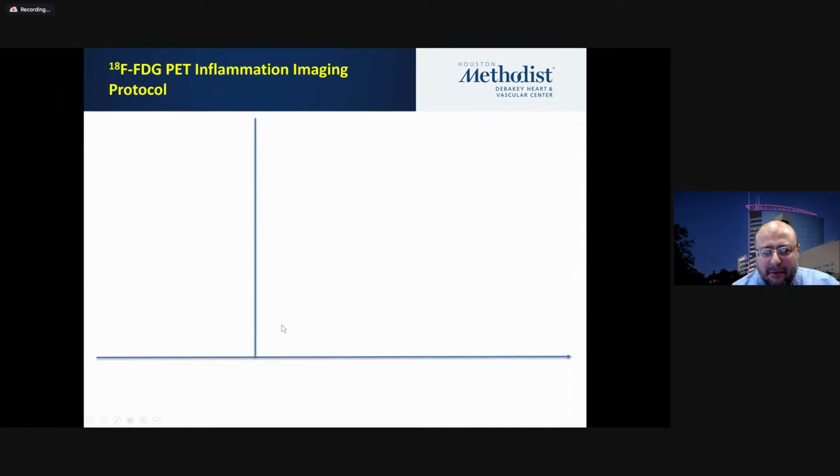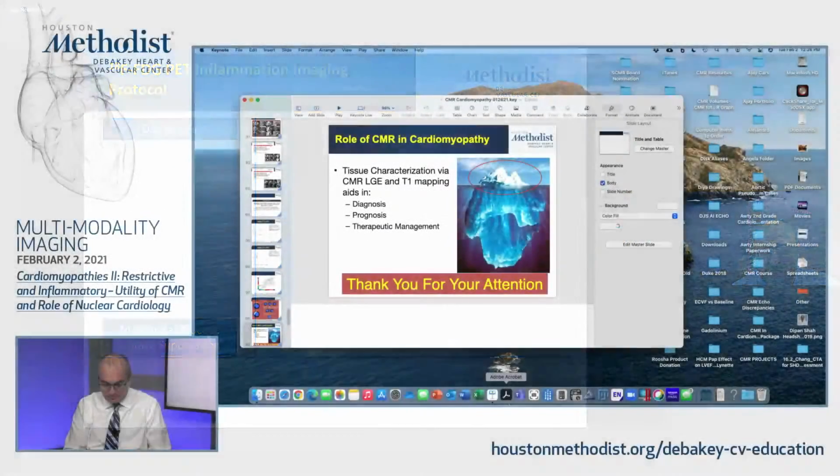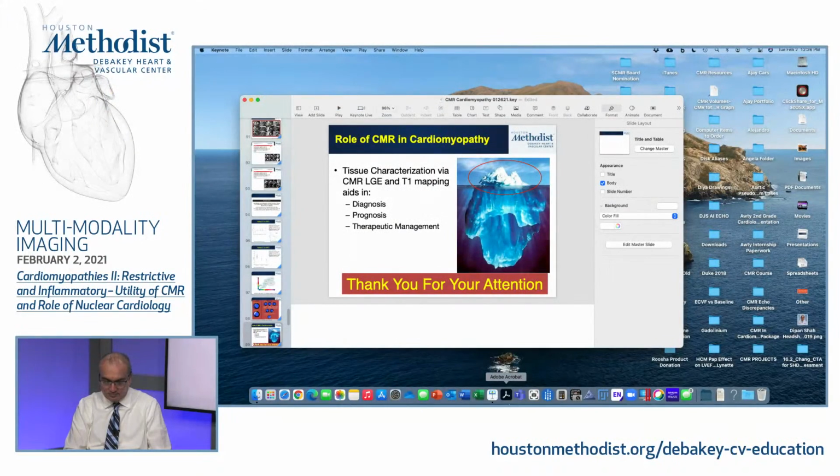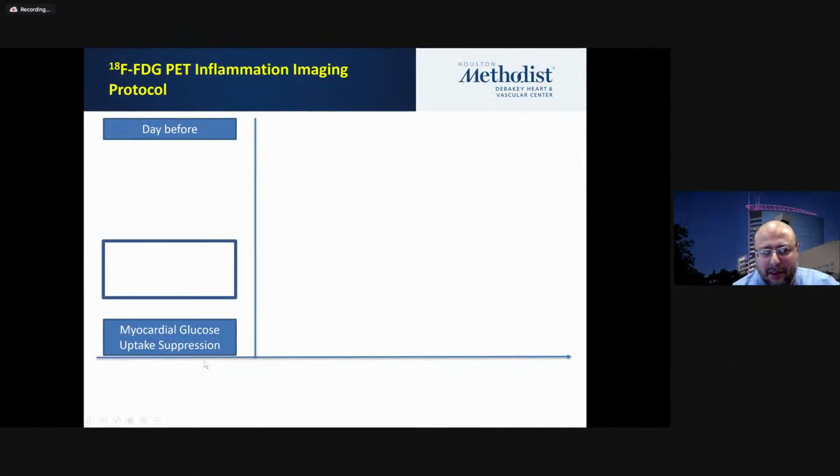I'm going to start a little bit with the protocol because it has a lot of implications. The heart likes to use glucose, and to be able to image inflammation in the heart, we need to suppress the myocardial glucose uptake. Right now, the way to do it is to give patients a low or no carbohydrate diet and ask them to fast for 12 hours.